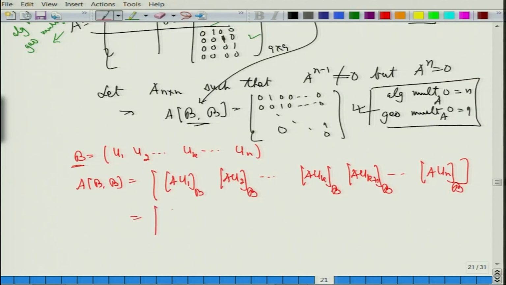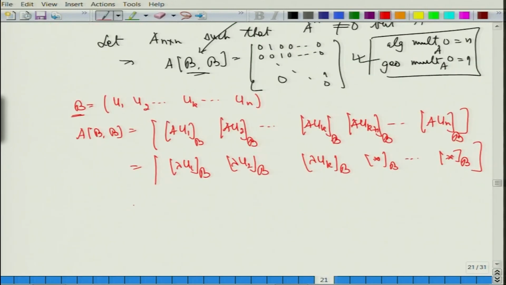This is same as A u1 is lambda u1 with respect to B, lambda u2 with respect to B, lambda uk with respect to B, and then I do not know what they are, as I said earlier also in the previous part, so I can just leave it as it is, fine. And in the ordered basis B itself, u1 is the first vector, so it is nothing but lambda 0 0 0, lambda u2 is the second vector, so it is 0 lambda 0 0 0, fine.